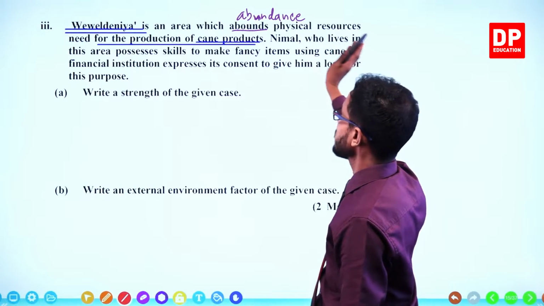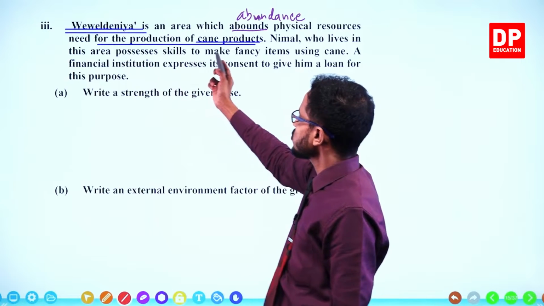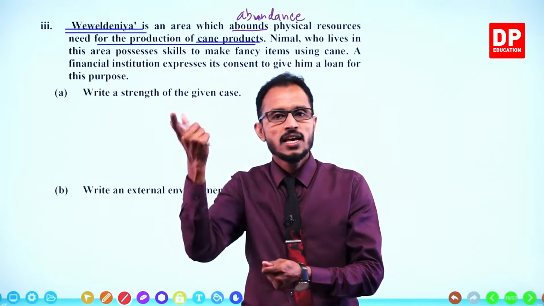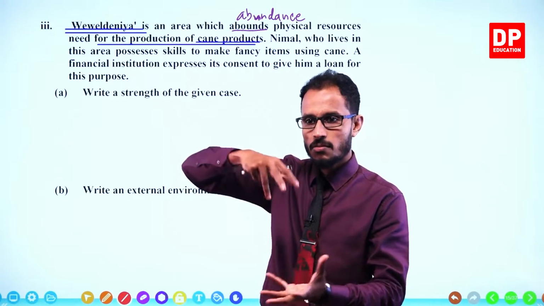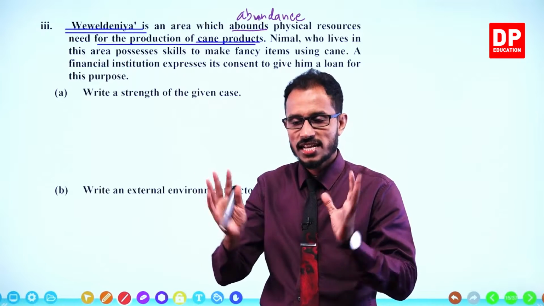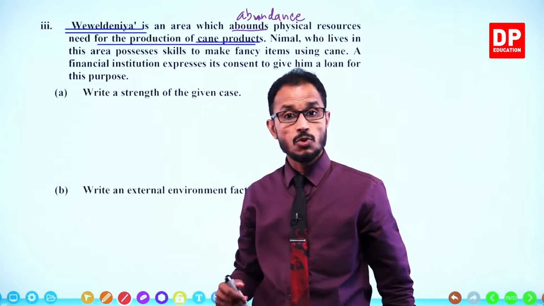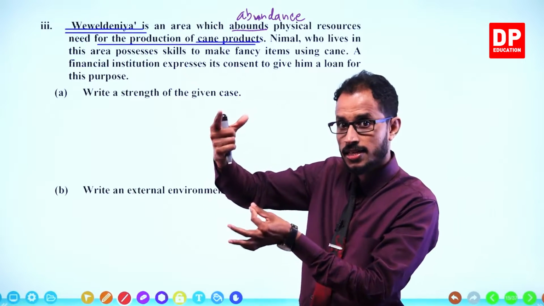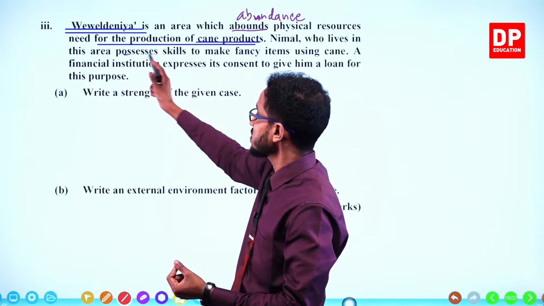Nimal, who lives in this area, has skills to make fancy items using cane. He's making fancy items with cane. You know, tipeti and these types of malpochi, flower baskets, pots and fancy items, ornaments using cane. Yeah, so he has the skill, possesses the skill.